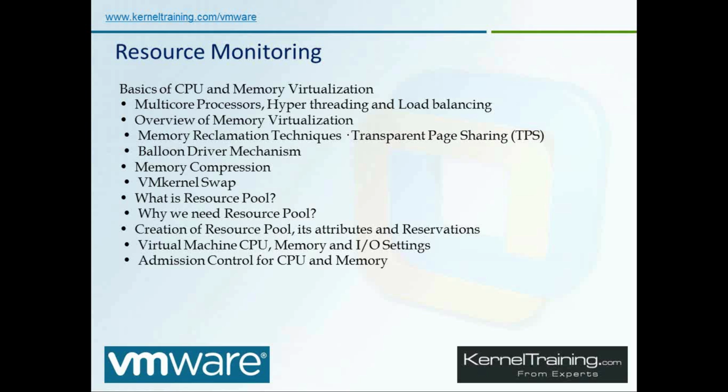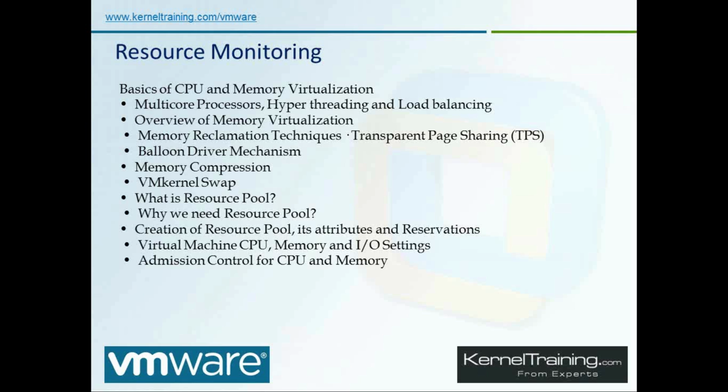Hyper-threading is where one core will act like two CPUs. We can check whether the ESXi host has hyper-threading active or not by clicking the ESXi host and then clicking the summary tab. If it is active, then one core will act like two CPUs.